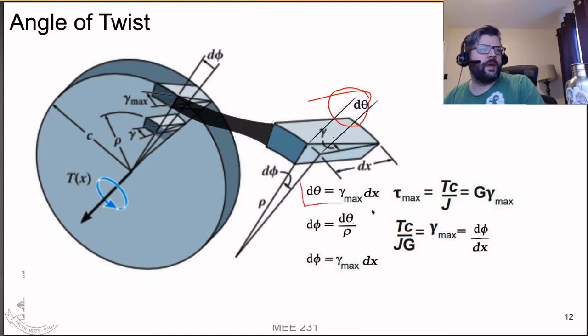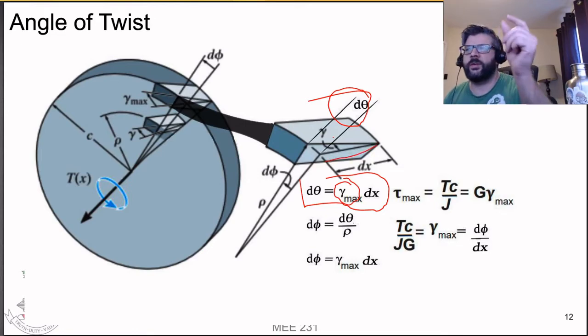At the very outside of our cross-sectional area, d theta is going to be our gamma max times the width of this little differential slice we're looking at.